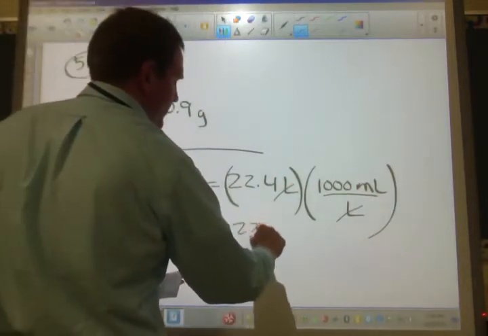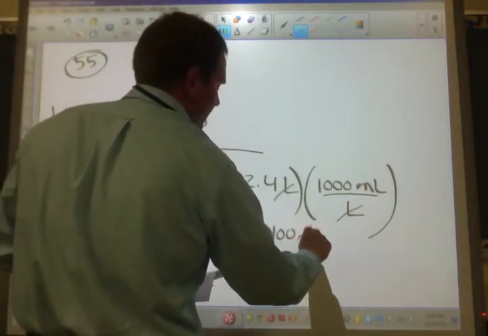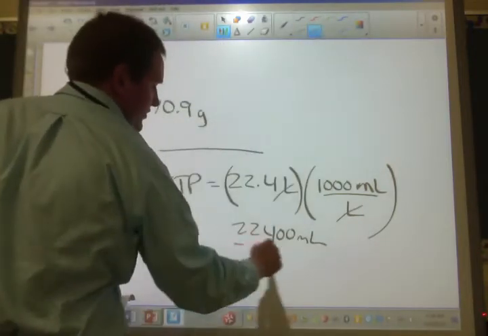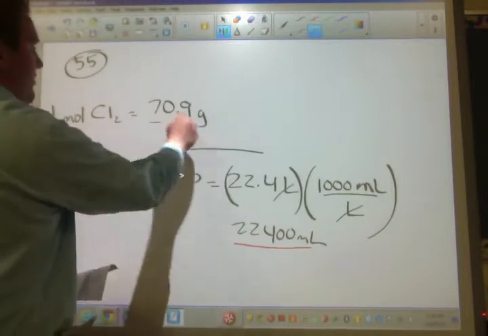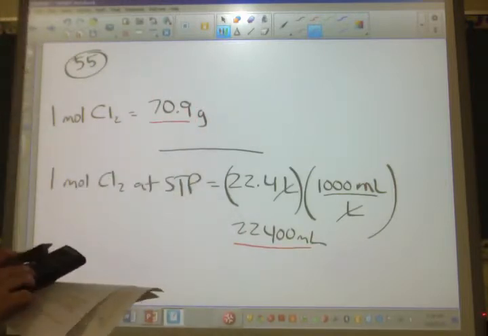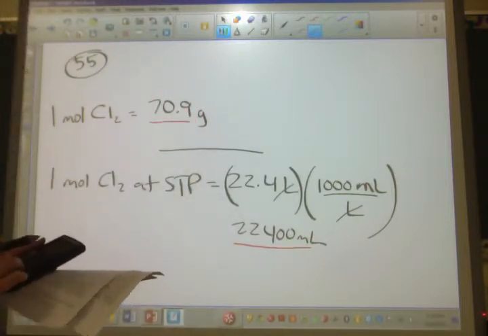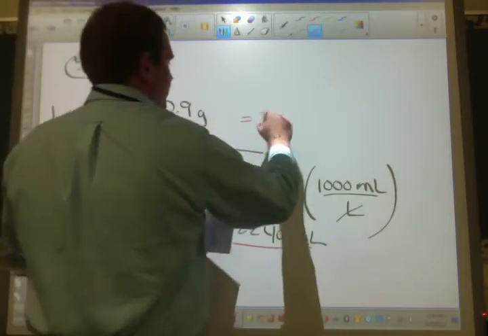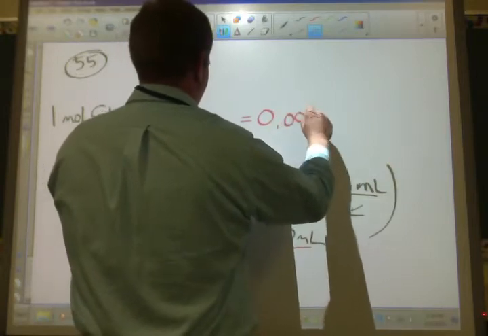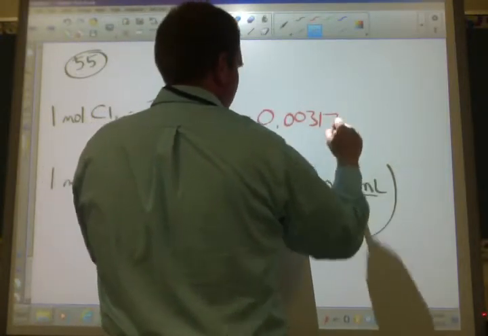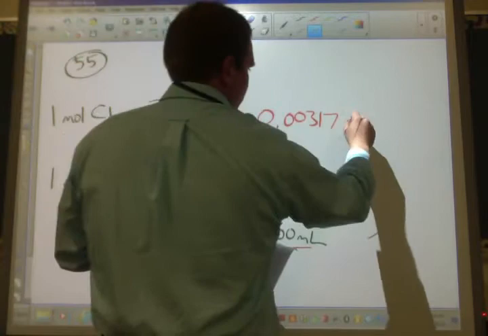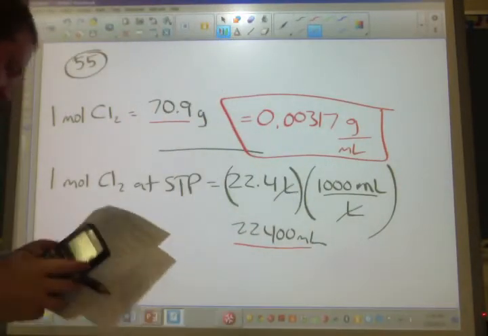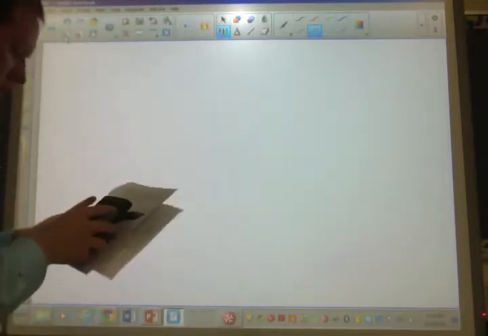So this is going to be 22,400 milliliters. So basically, for 1 mole of the gas, my volume is 22,400 and my mass is 70.9. Let's do the math. 70.9 divided by 22,400, it's going to be a tiny number, equals 0.00317 grams per milliliter. Okay, number 56.